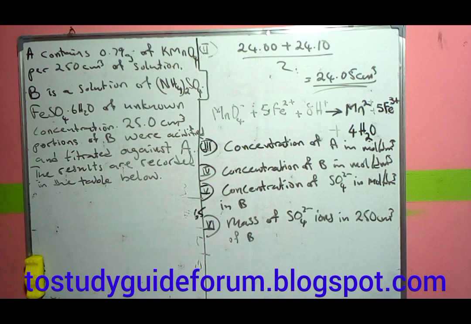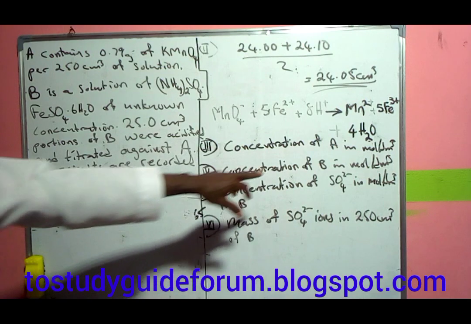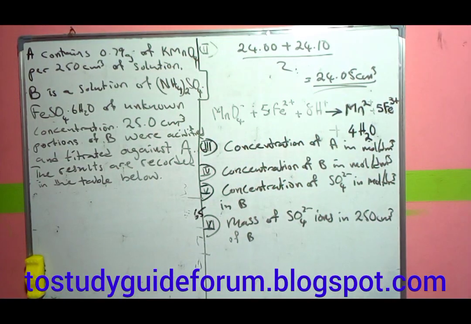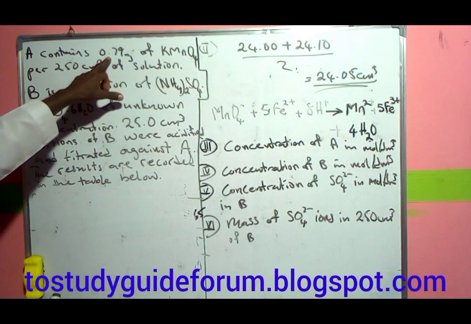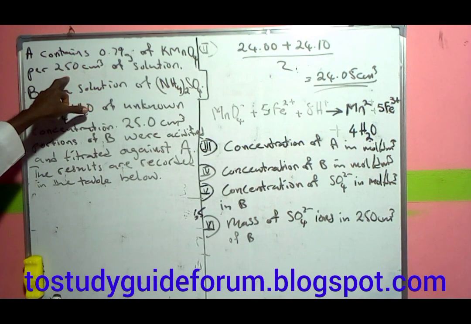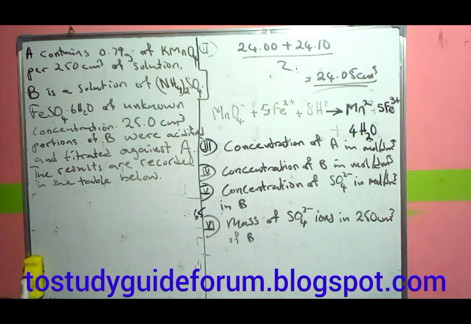So the concentration of A in mole per dm cube. Note you have this in 250 cm cube. So we'll convert this 250 cm cube to dm cube. To convert to dm cube, it simply means 250 over 1000.